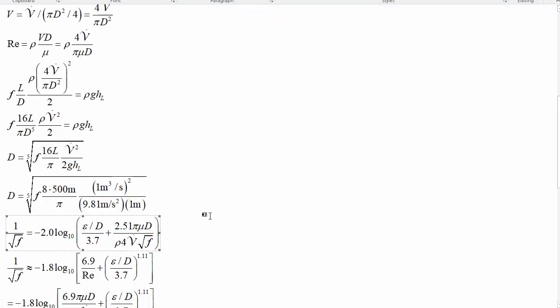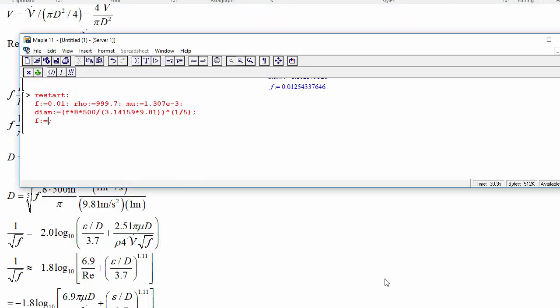So this is the Colebrook equation, and what we'll do is say f is equal to, if you have Maple, fsolve -2 1 over square root of f is equal to -2 times log 10 of 0.045 E minus 3 divided by diameter divided by 3.7 plus 2.51 times pi times mu times diameter divided by rho times 4 times 1 times the square root of f.